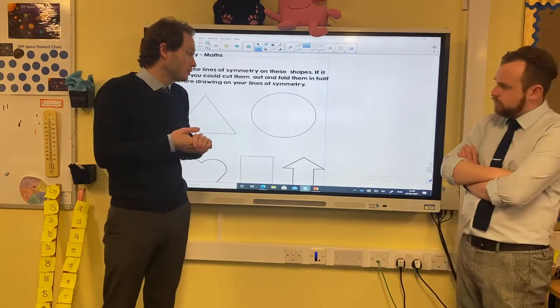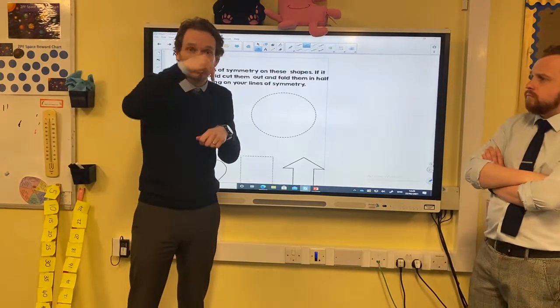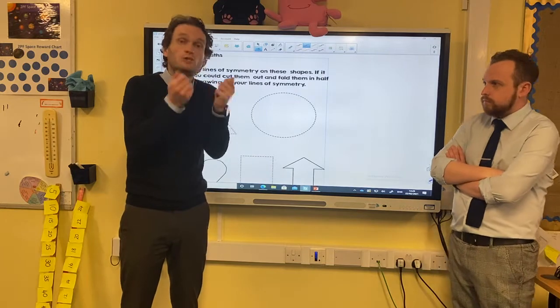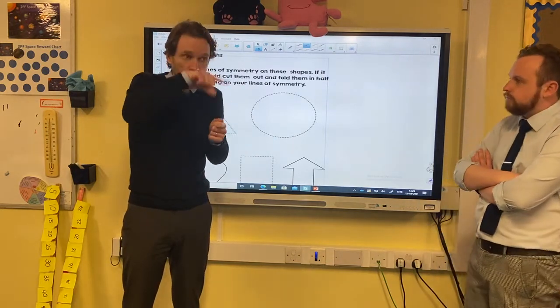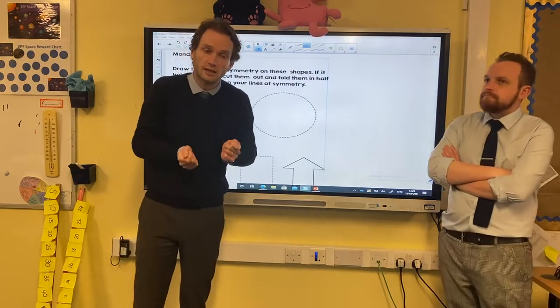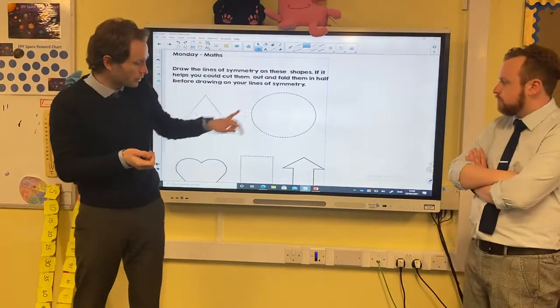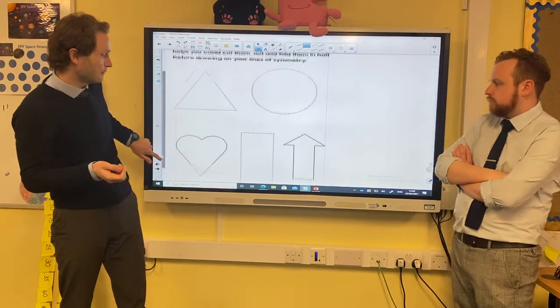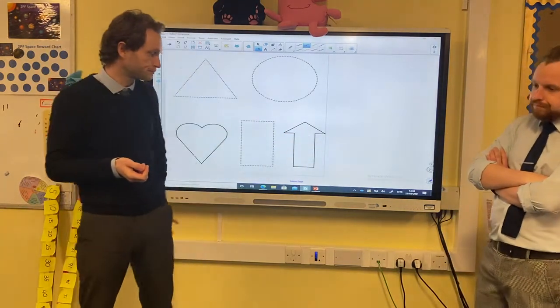You might want to cut the shape out and actually fold it and check to see if it's the same on both sides, and then maybe later on draw a line down your folds, whatever helps you understand it. That's quite a good one to do actually. So we've got a triangle, a circle, a heart, a kind of rectangle shape, and this sort of arrow shape.